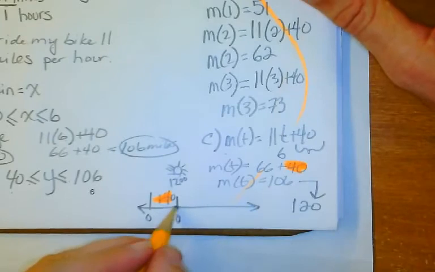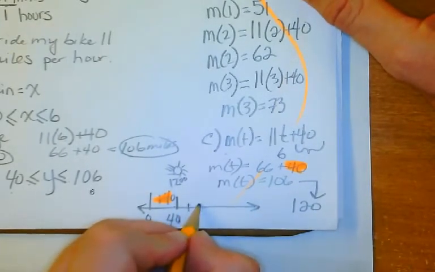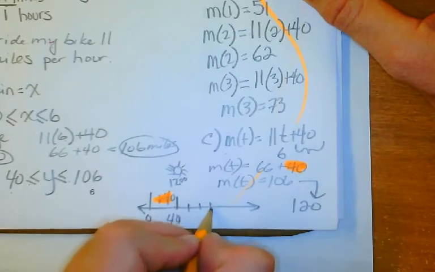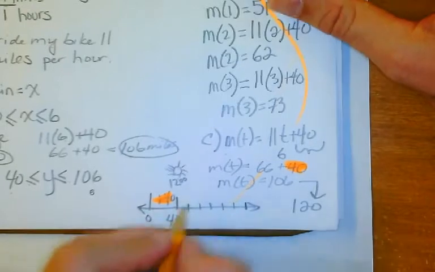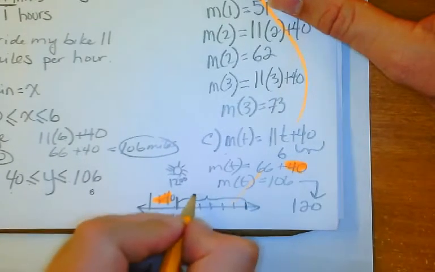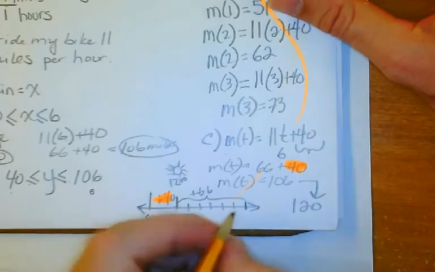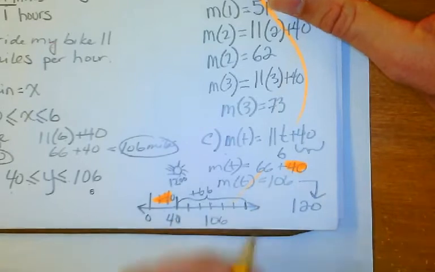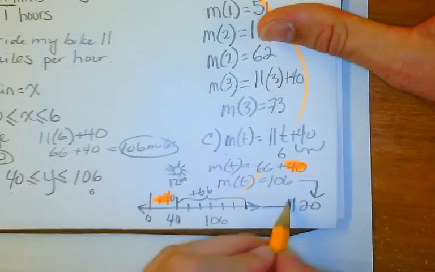So from here, we go 11 miles an hour, and we do that for 6 hours. So we go 11 miles, 22, 33, 44, 55, 66. There's 66 more miles. So altogether, we came out at 106 miles. And our friends are out here at 120.